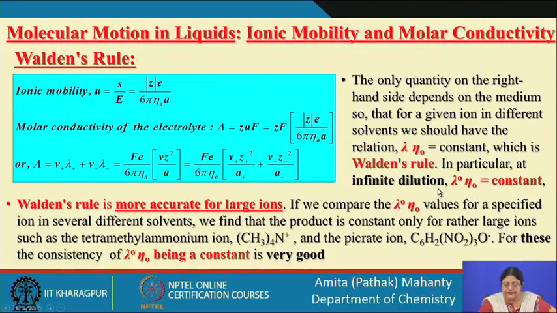If we want to compare that for a very large ion, we take the specified ion in several different solvents and see the product of lambda naught into eta naught. The product for very large ions such as the tetraammonium ion, this quaternary salt, and the picrate ion, these are very large ions. For these, it has been found that the consistency of this product being a constant is pretty good.